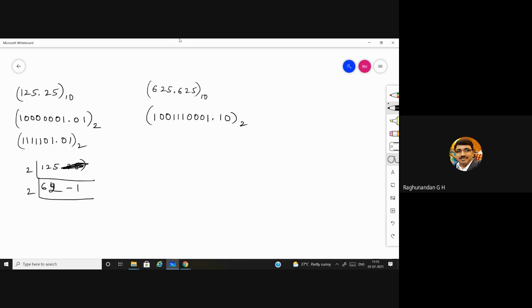Okay, so now 2 3s 1s remainder will be 0. 2 1s, 2 5s remainder will be 1.